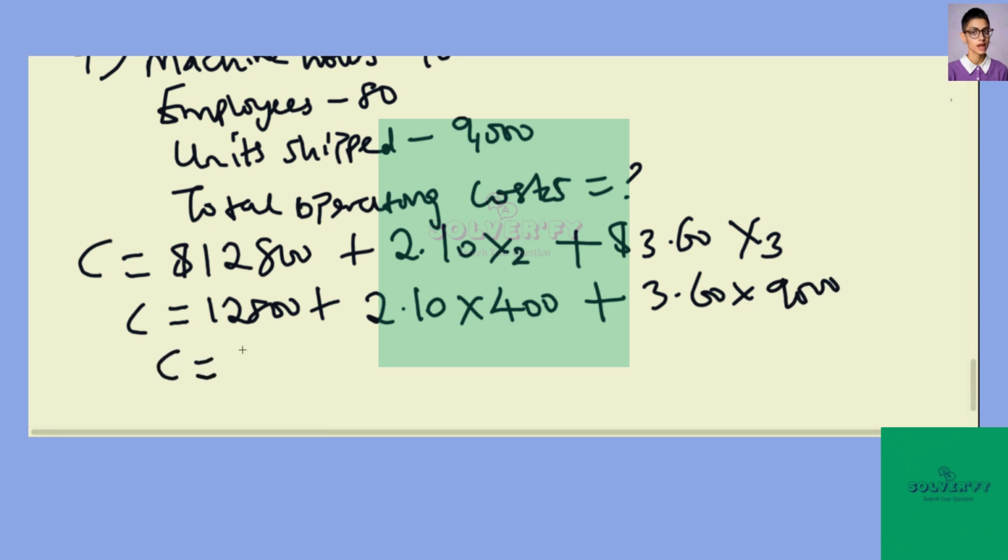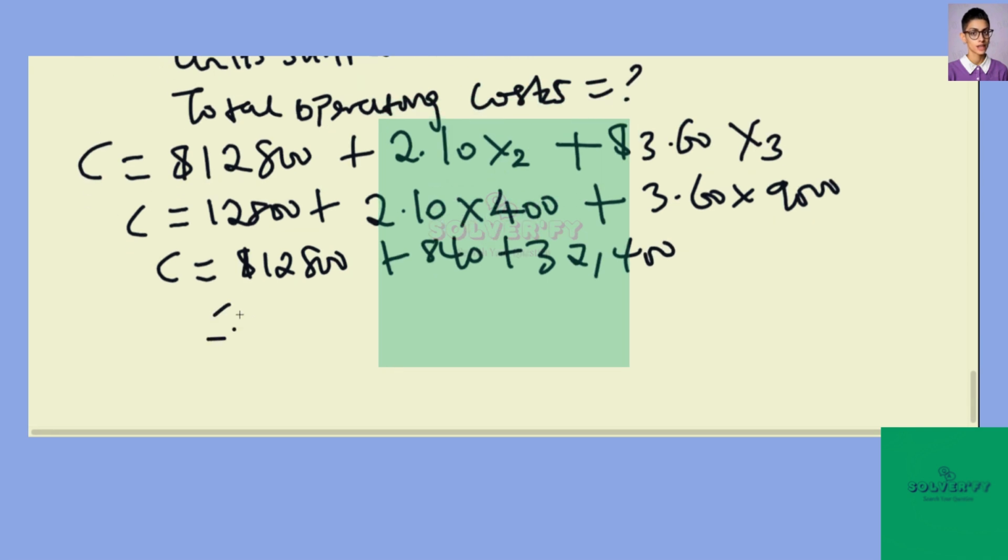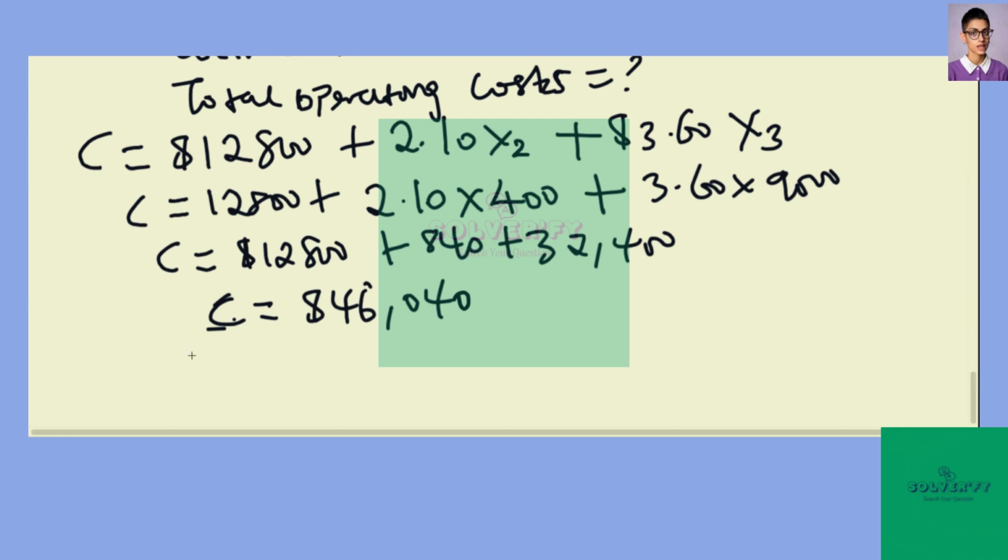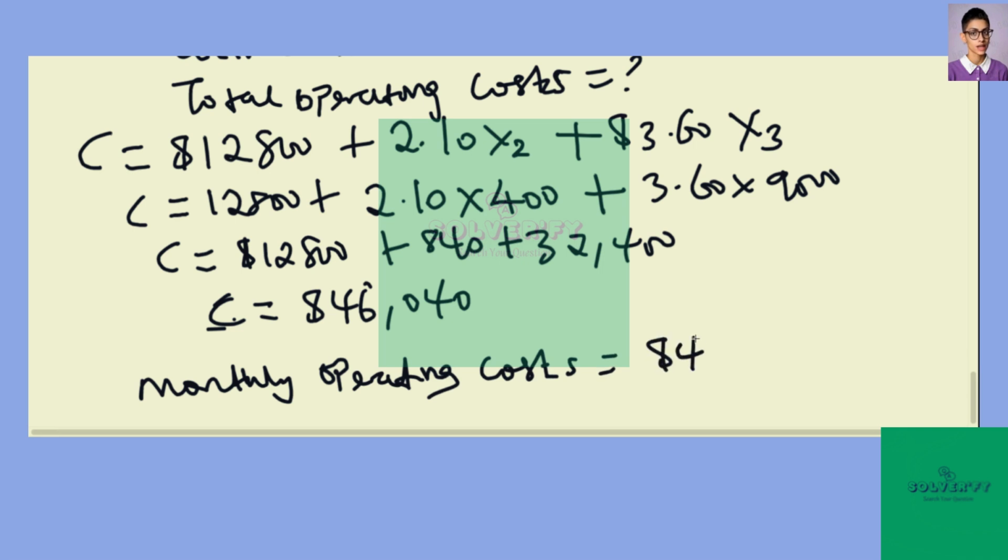So C is equal to 12,800 plus 840 plus 32,400. So we can say that C is equal to $46,040. So therefore the monthly operating cost for the entire month is $46,040, and that's the answer.